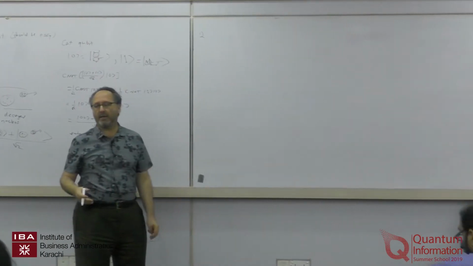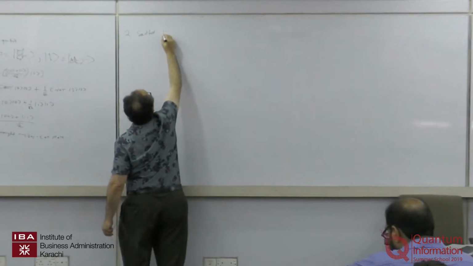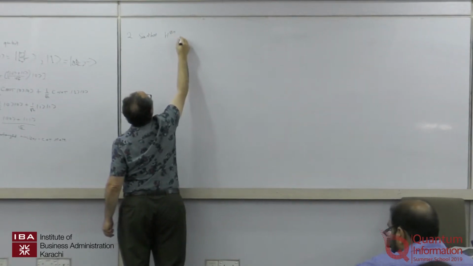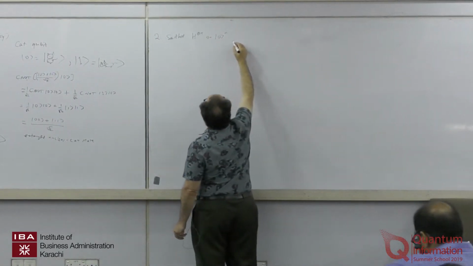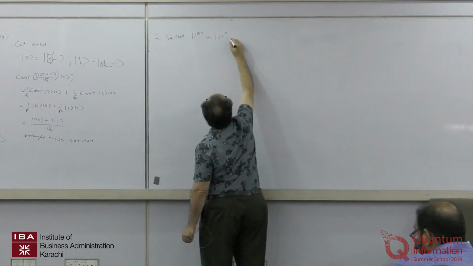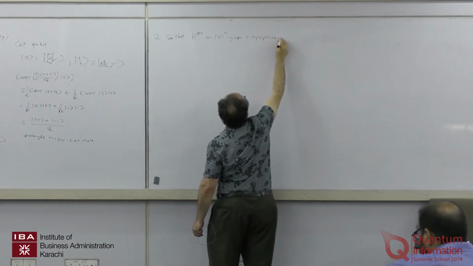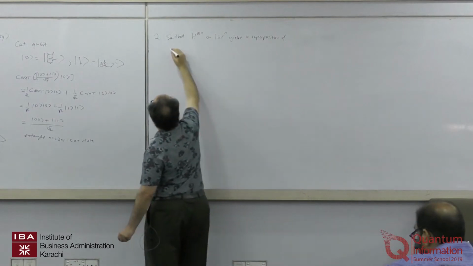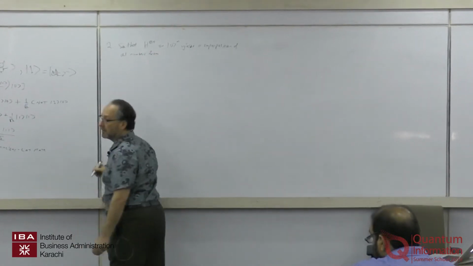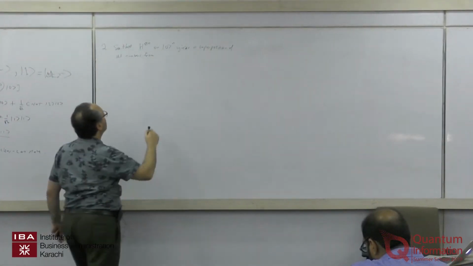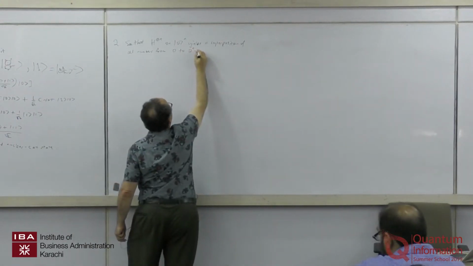So let's just take the case, let's see that H tensor n on the state 0 to the n, yields a superposition of all numbers from 0 to 2 to the n minus 1.